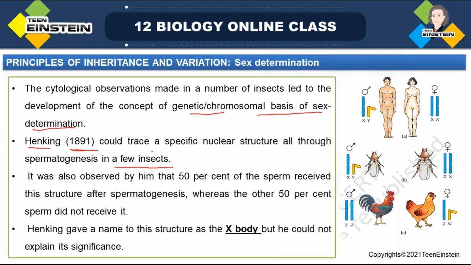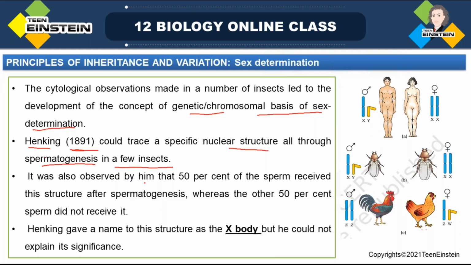He traced out a specific nuclear structure inside the nucleus throughout his experiment during spermatogenesis. What is spermatogenesis? Formation of sperm. In some insects, he noticed this during spermatogenesis.